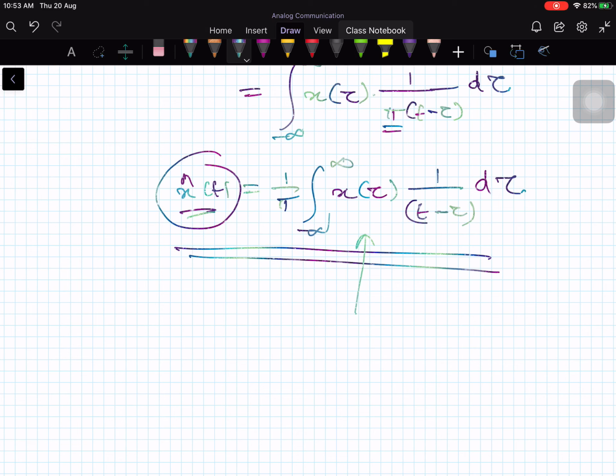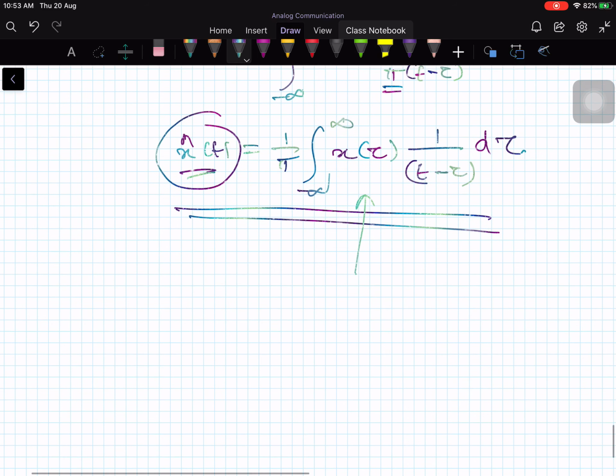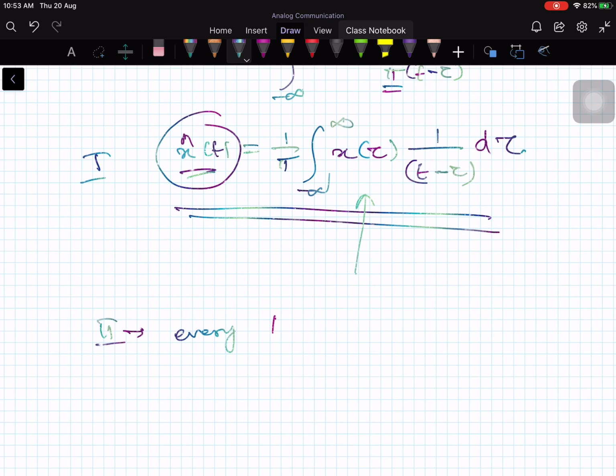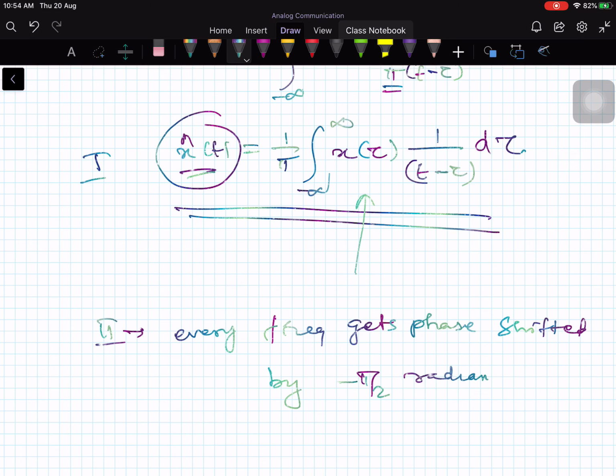In the second way, every frequency component gets phase shifted by minus pi by 2 radians. That means it is delayed.